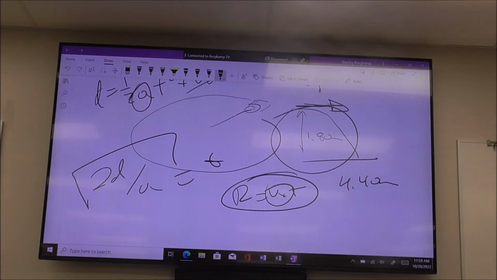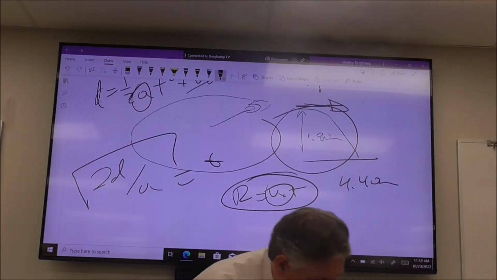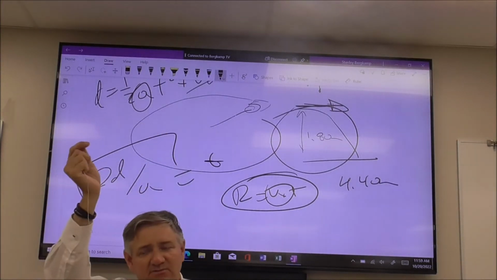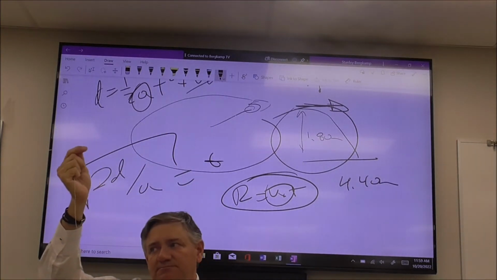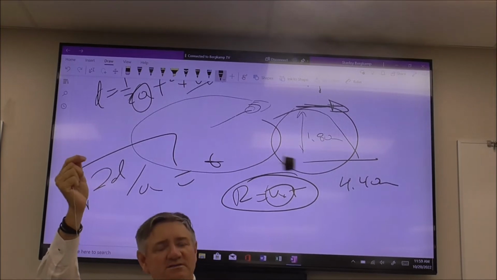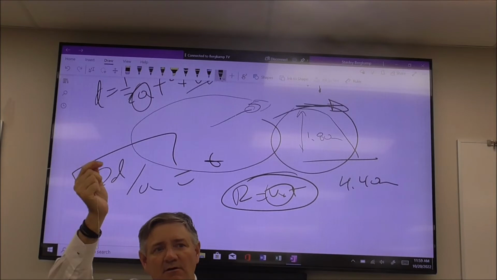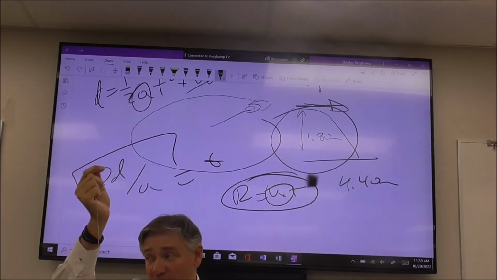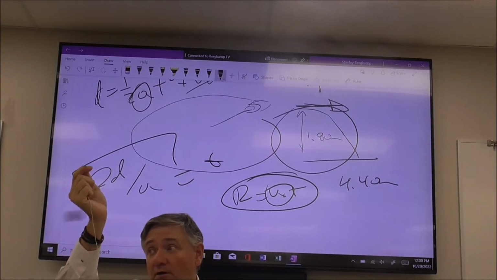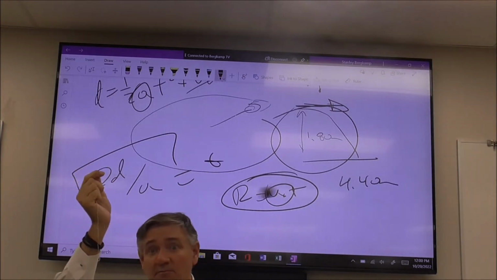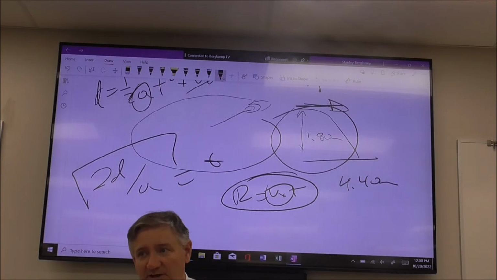Because why do we have to continuously exert a force to make this rubber stopper move in a circle? Why does there always have to be a force to make it move in a circle? Because if I don't have it, what does it do? It goes off in a straight line because Mother Nature doesn't like circles. Okay? Mother Nature likes straight lines.